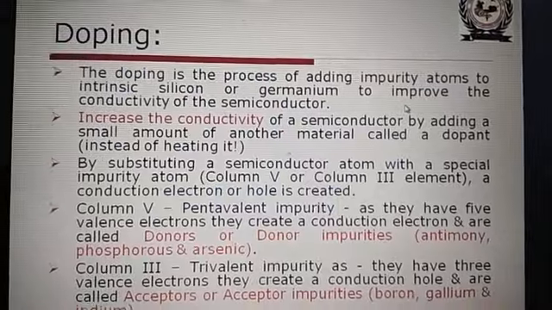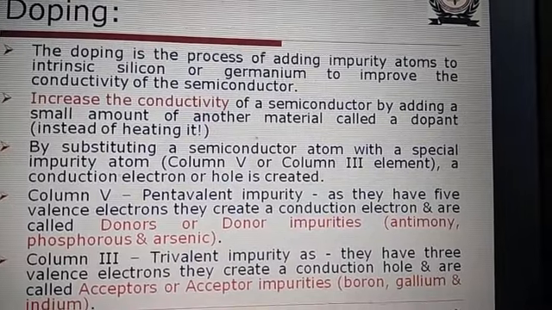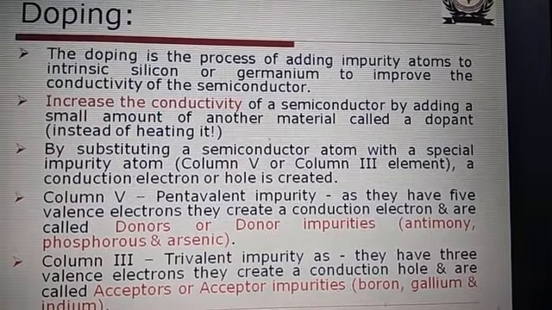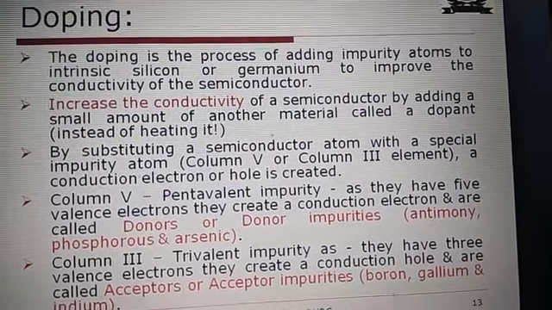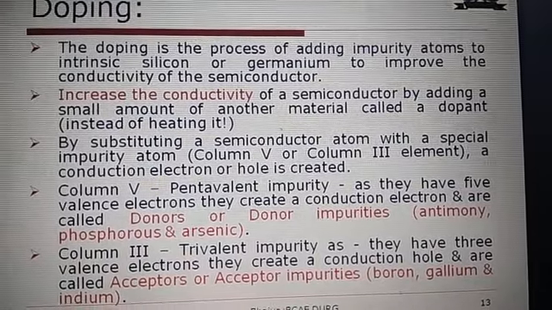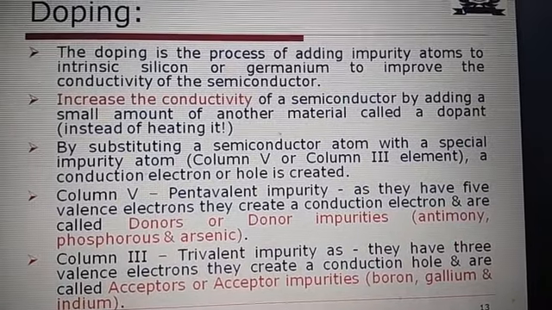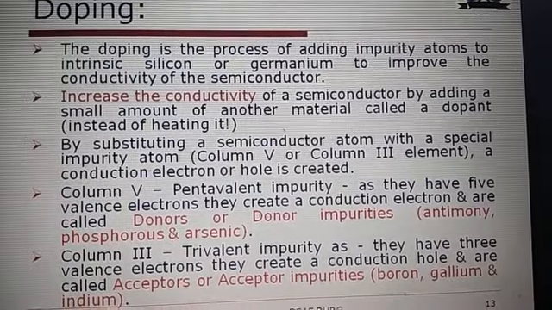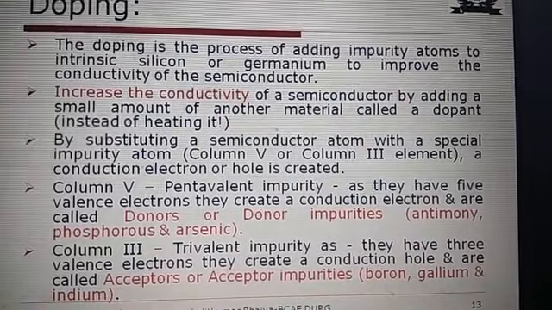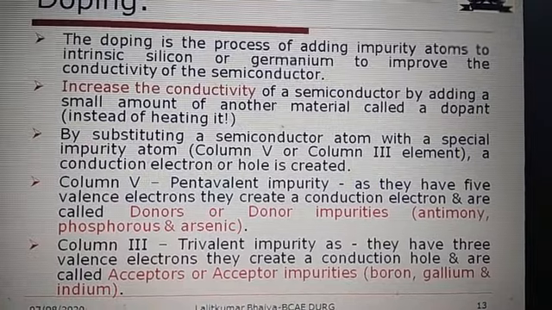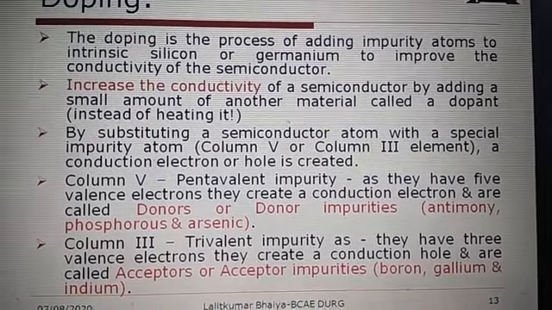Then, this is the theory of doping. Doping is the process of adding impurity atoms to intrinsic silicon or germanium to improve the conductivity of the semiconductor. So what is doping? Doping means to mix in, to add the impurity; it is the process of adding impurity atoms to pure silicon or germanium, which will improve the conductivity of the semiconductor.